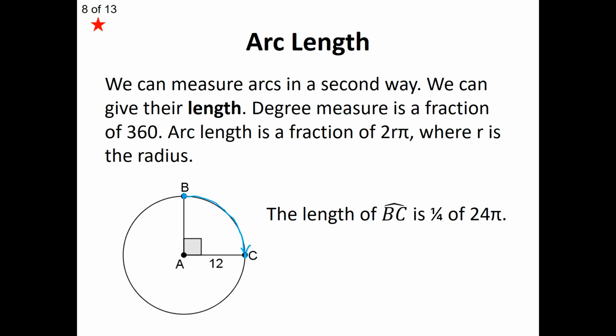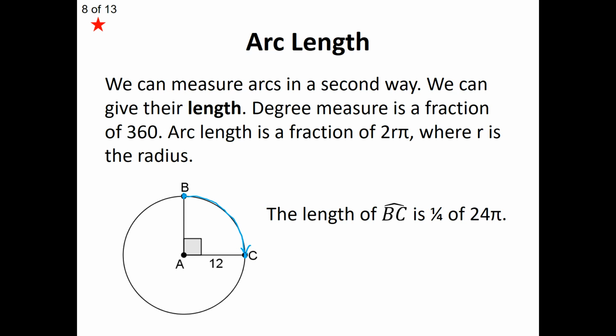If I rotate from the one given ray all the way back around, I've rotated an entire rotation of 360, which means any degree measure of a central angle is really a fraction of the entire rotation of 360.